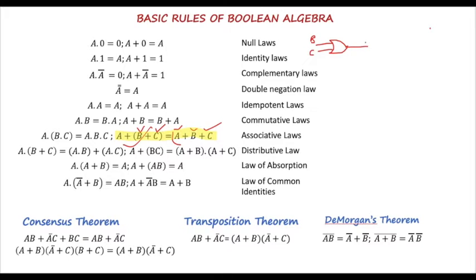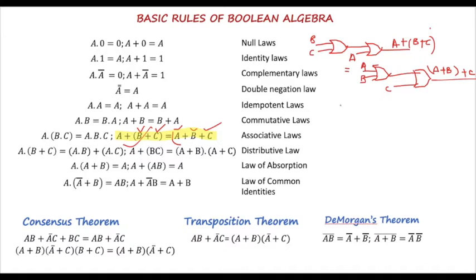B or C ORed with A gives A plus B plus C, which is the same as A or B ORed with C, which equals A plus B plus C.